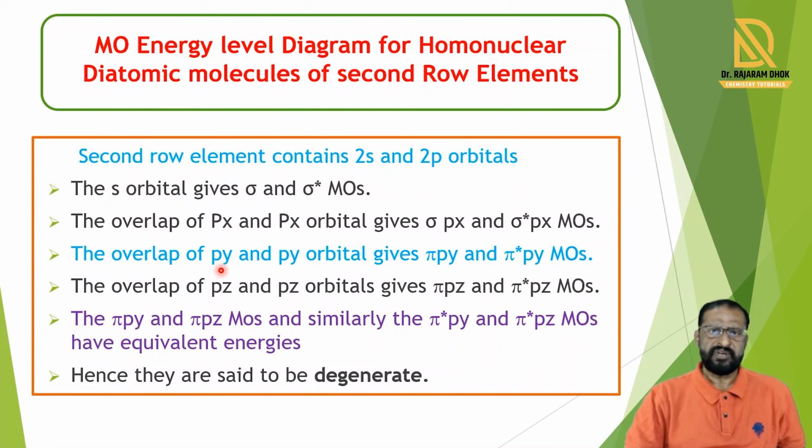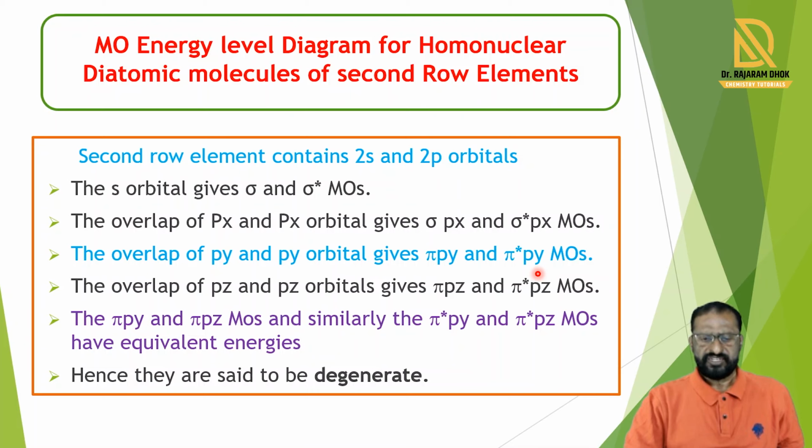Then in p orbitals, there is the py orbital. The py orbital of the first atom and the py orbital of the second atom overlap sidewise and form a pi bond. So there is formation of one bonding molecular orbital, pi py, and one anti-bonding molecular orbital, pi star py.